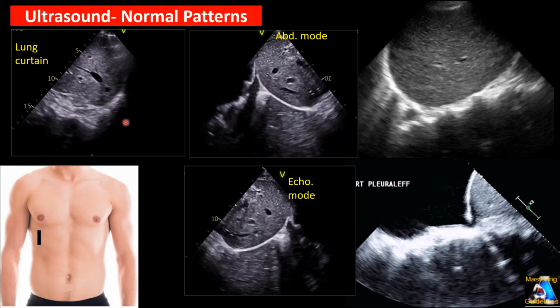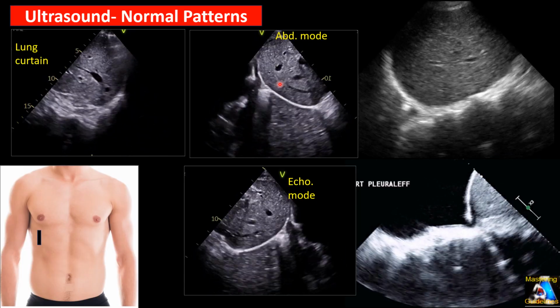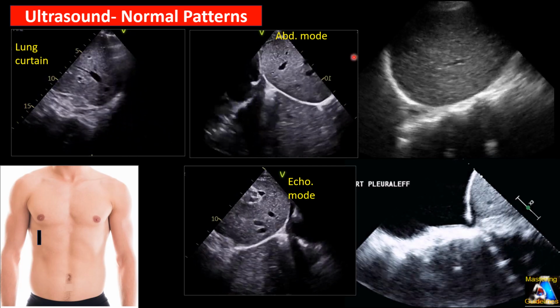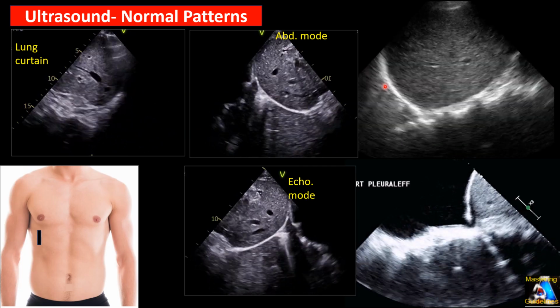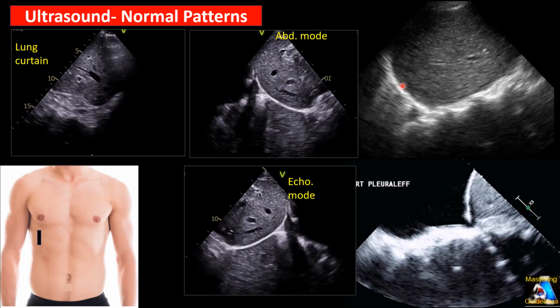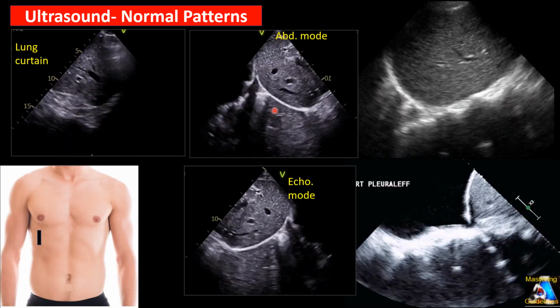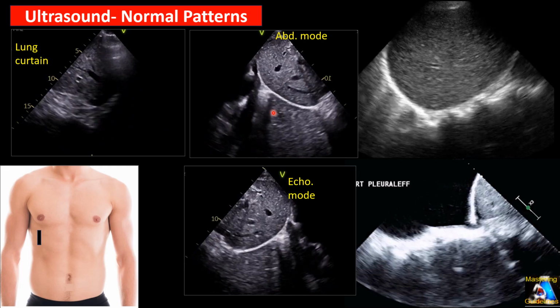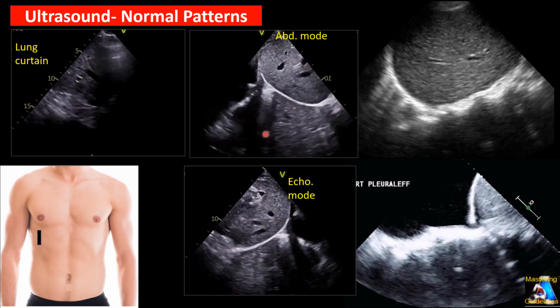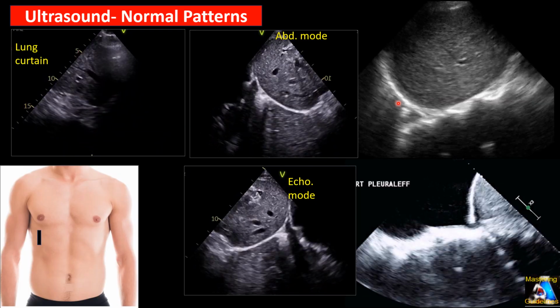This one B line, or two actually. Here one B line, here many B lines, 1, 2, 3, 4. Anyway, above the diaphragm, in the normal situation, we shouldn't see any structure except dirty shadow or B lines.